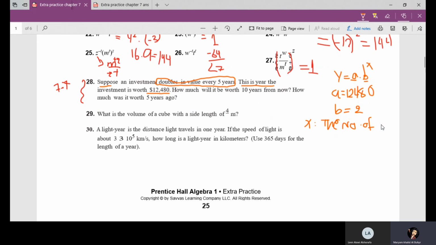I'm sorry, it's very difficult to write with my mouse. I will write invest as a short form.